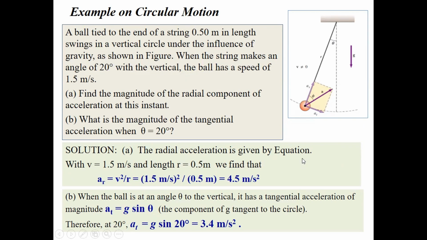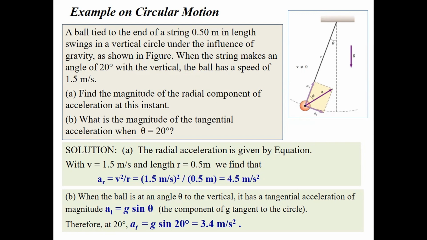Let's do one example on circular motion. Here we have a ball tied to the end of a string 0.5 meters in length, and it is swinging in a vertical circle under the influence of gravity, as shown here in the figure. We see the radial part and the tangential part of the acceleration, with the radial part directed towards the center of the circle, and we see the gravitational force downward.